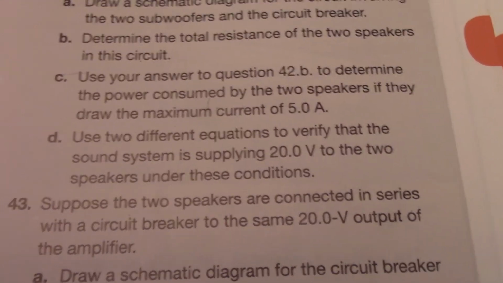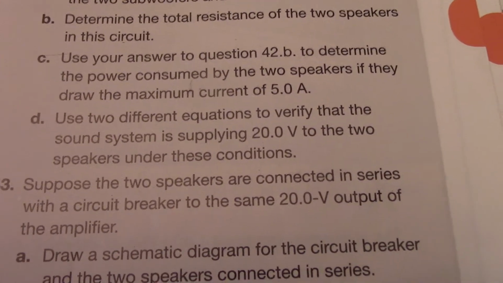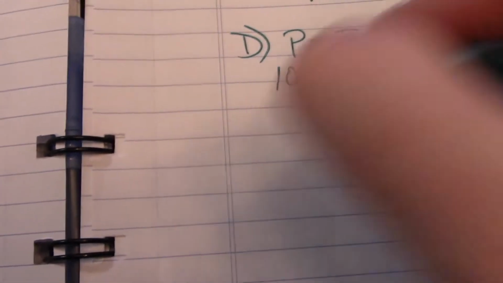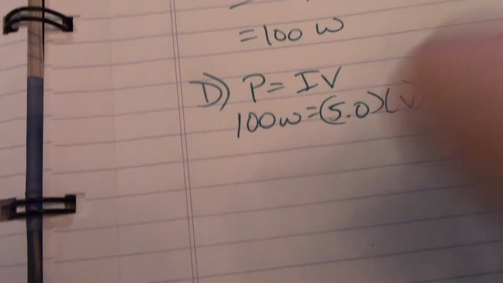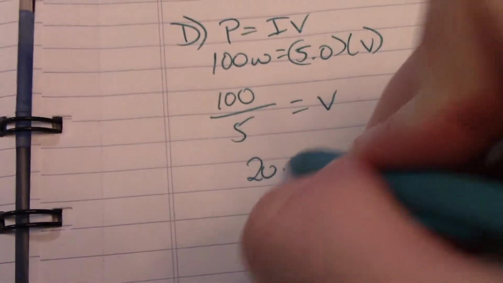This says use 2 different equations to verify that the sound system is supplying 20 volts to the 2 speakers under these conditions. So D, I know that I have a total power of 100 watts, so I can use P equals I times V. So I have 100 watts and 5 amps, and I can solve for voltage. 100 divided by 5 equals V, and that's 20 volts, so that confirms that.